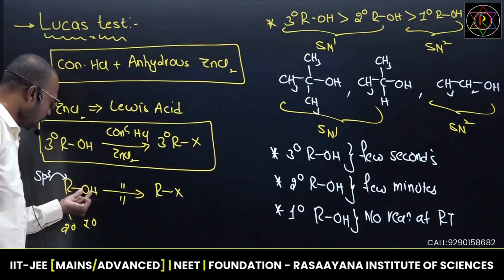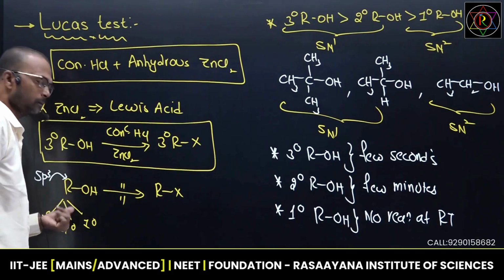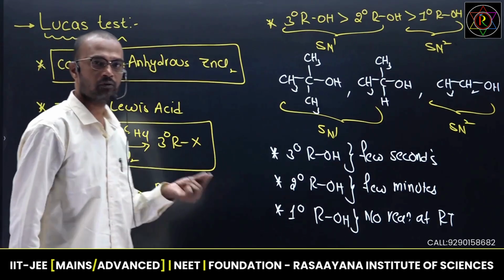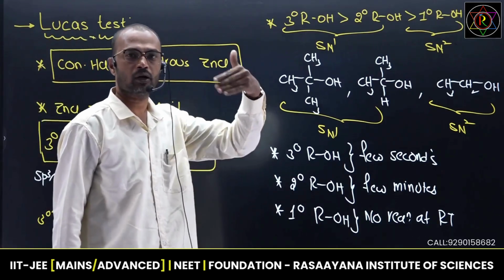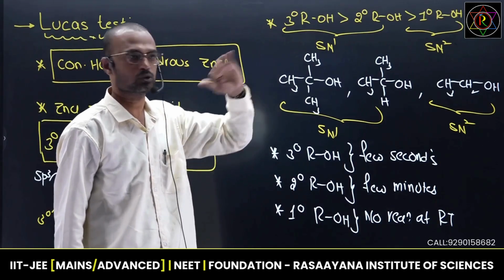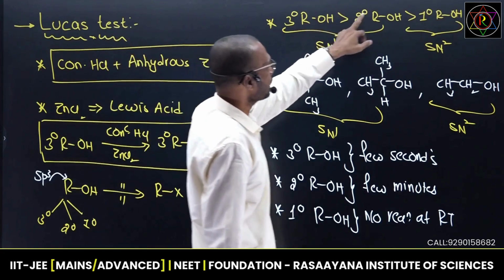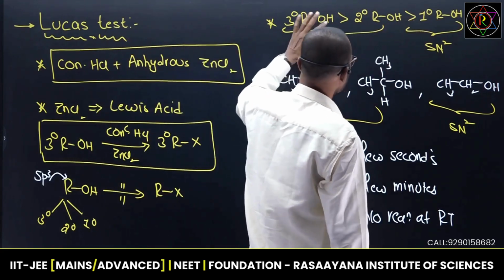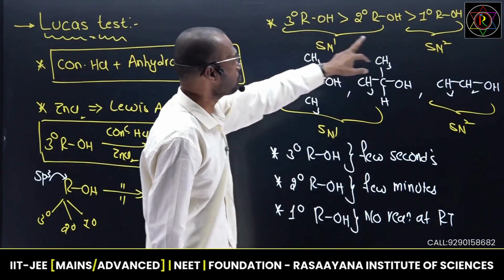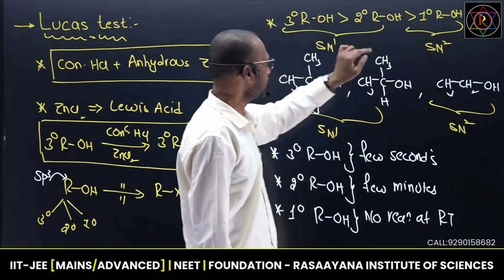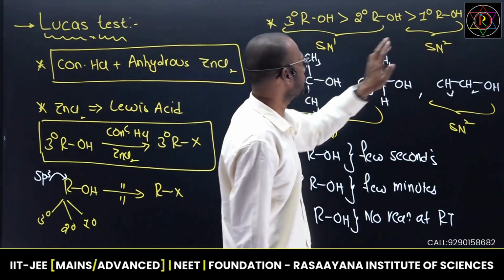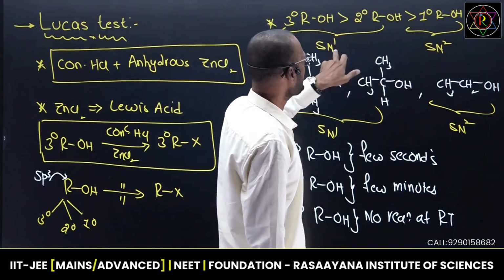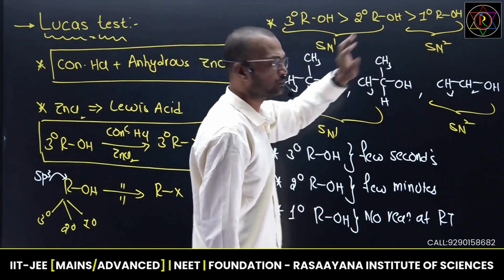If the alcoholic carbon is sp3, we need to follow the more stable carbocation order after removal of the hydroxy group. So tertiary, secondary, primary, that is the reactivity order. In your examination, definitely these two points are most helpful. SN1 followed by SN2: tertiary and secondary alcohols relate to SN1, but primary alcohol relates to SN2.